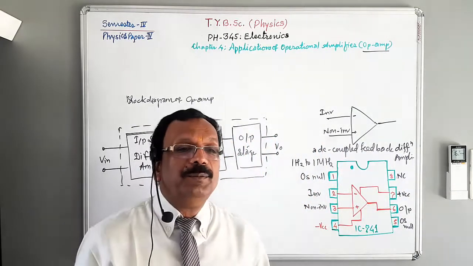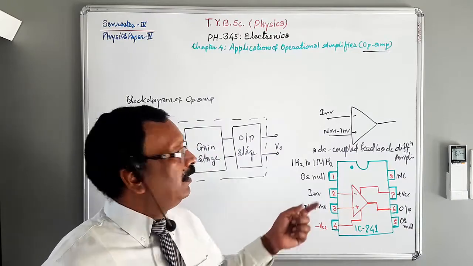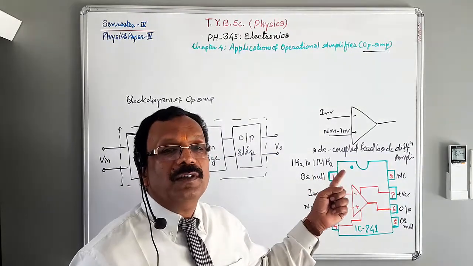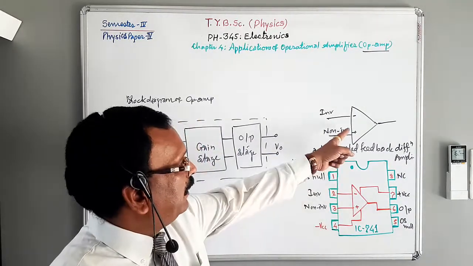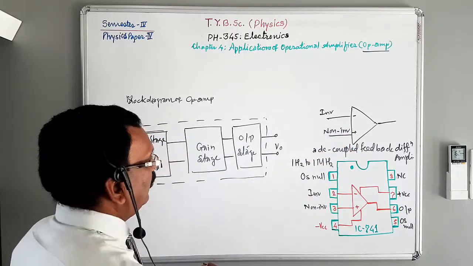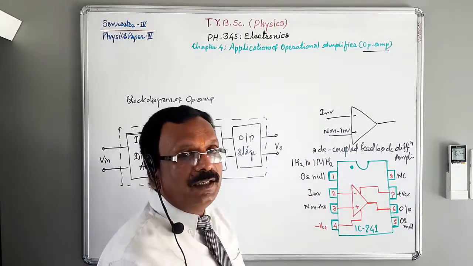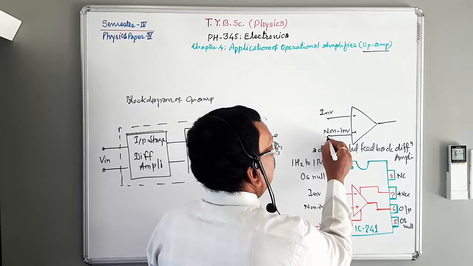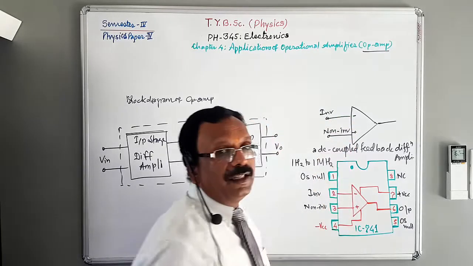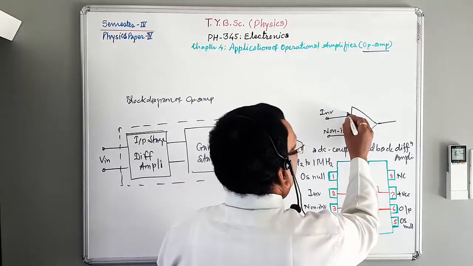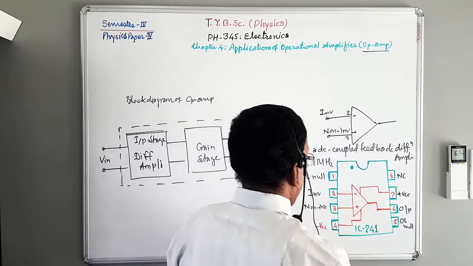This is a very simple diagram. Now the symbol is usually like this. I am again going to draw the symbol. Here this terminal is the non-inverting terminal and this is the inverting terminal, that is, this is pin number 2 and this is pin number 3.